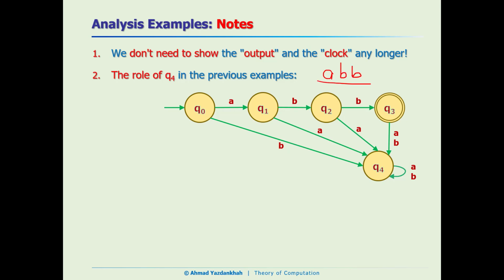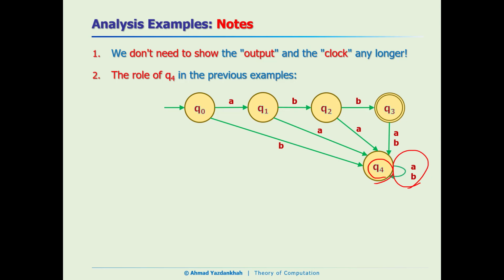In other words, if a string starts with B, for example BAA, instead of going this way, it goes this way, goes to the trap and will be stuck here. After the B, anything else, either A or B, will loop here and keep the machine in Q4. So that's why it is stuck here, right?